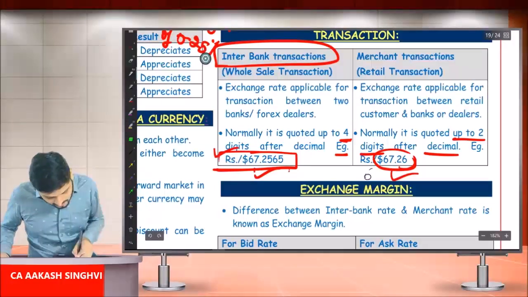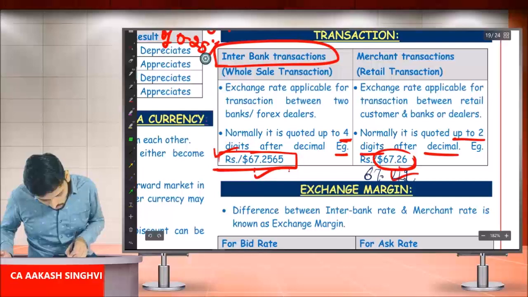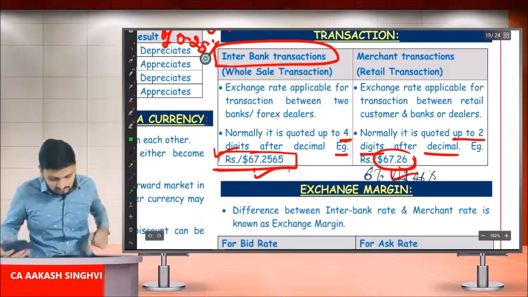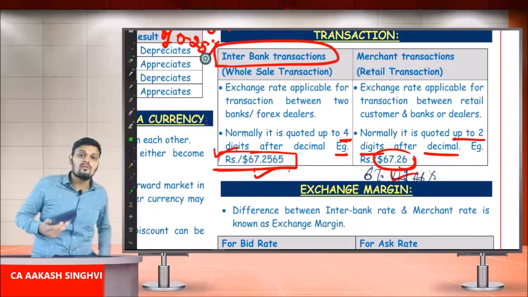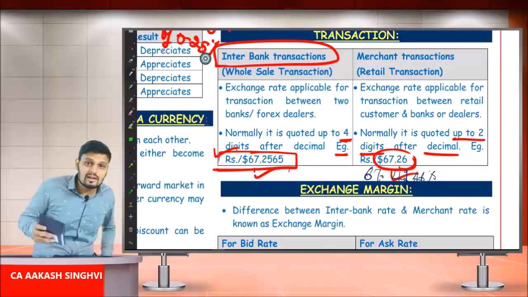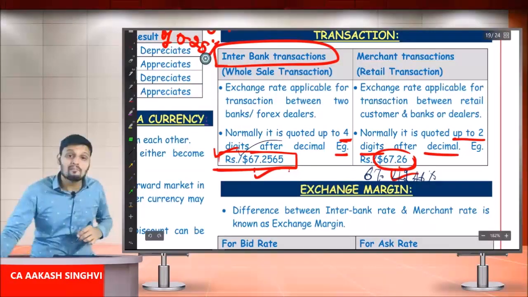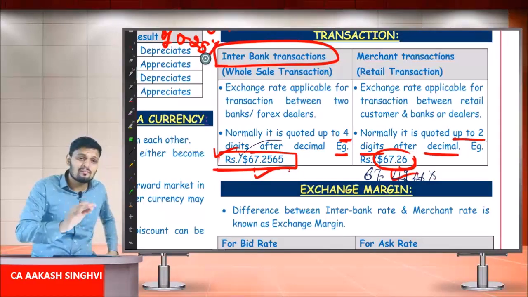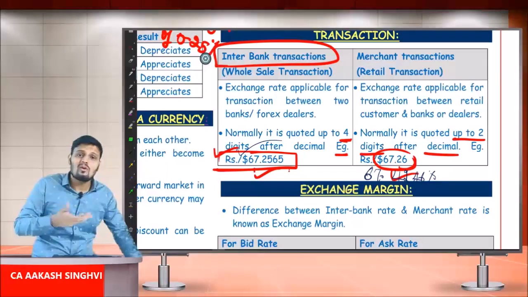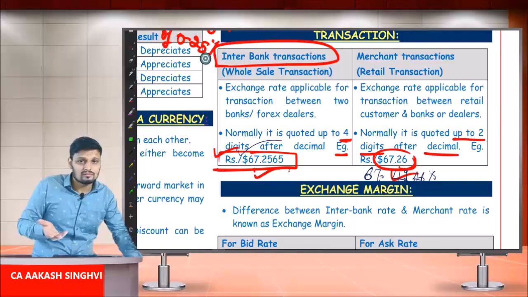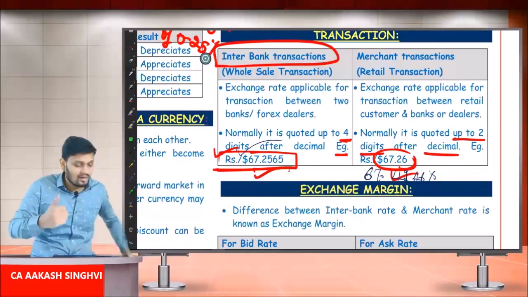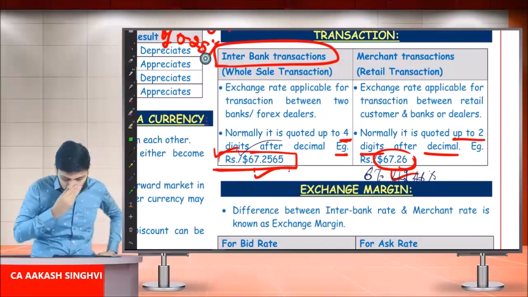This will become 67.4246. This is how we calculate merchant rates using interbank market rate. So interbank market rate is a base for any person or any bank to compute what the rates going on in the market right now are.